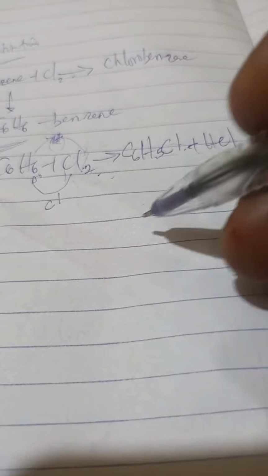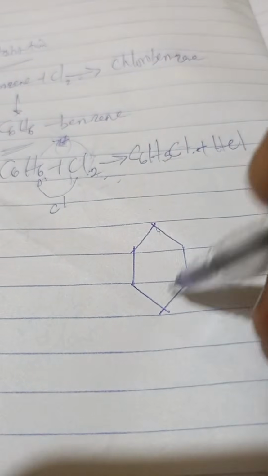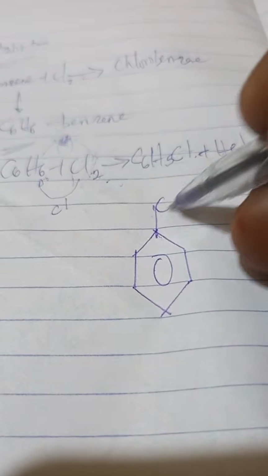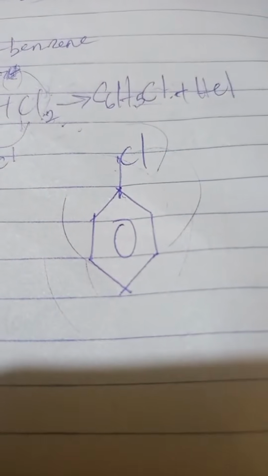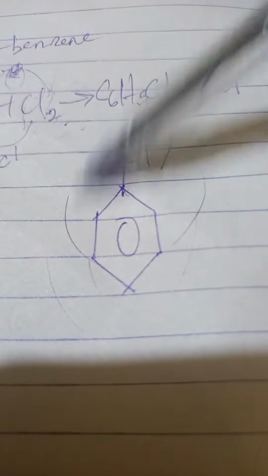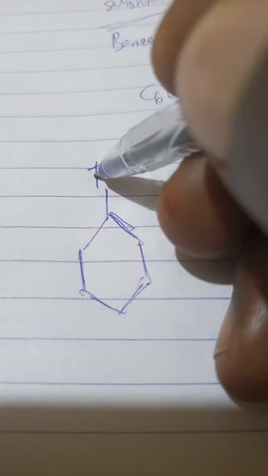This guy is called chlorobenzene. If you draw it, it looks like this. Just put Cl here. This is chlorobenzene. What if I put F here? What will you call this compound? Just F here.